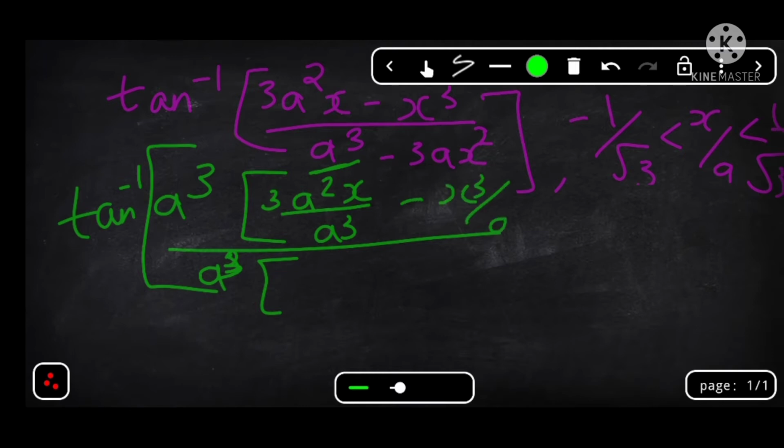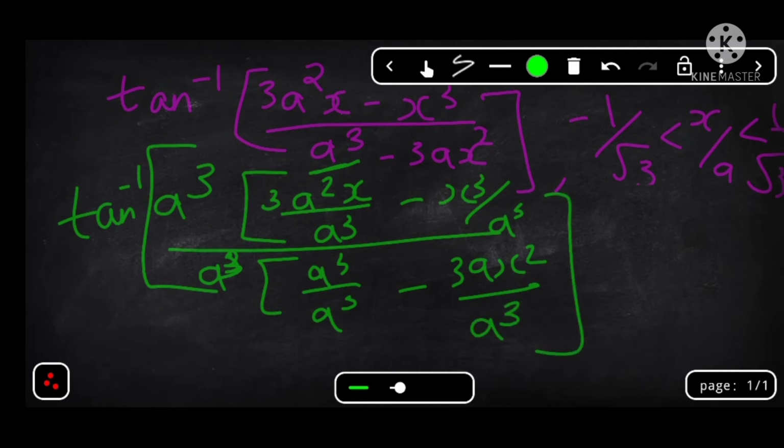x cube by a cube, then a cube by a cube, minus 3a x square by a cube. Fine. So this will get cancelled and this will get cancelled. It will be 1. 1a will get cancelled.